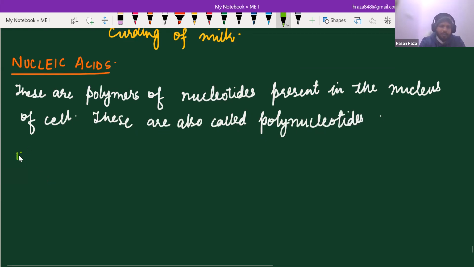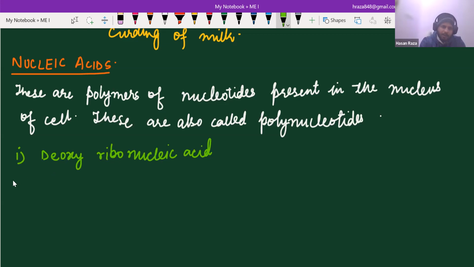These are of two types. The first one is deoxyribonucleic acid, and the other is ribonucleic acid. So deoxyribonucleic acid, that is DNA, and ribonucleic acid, that is RNA.